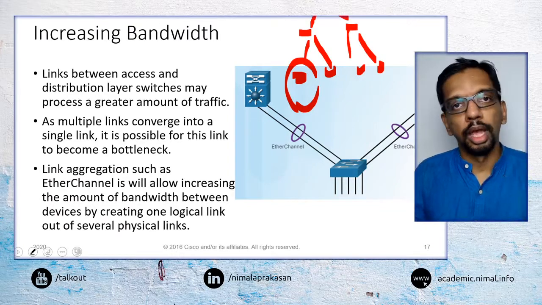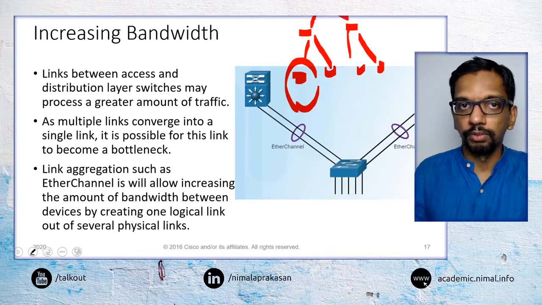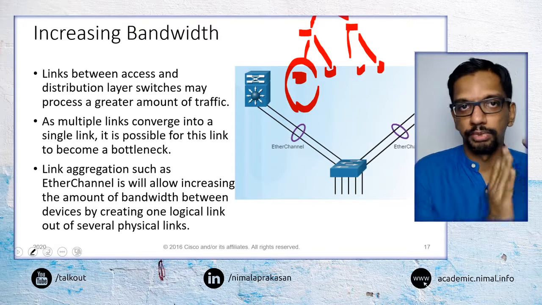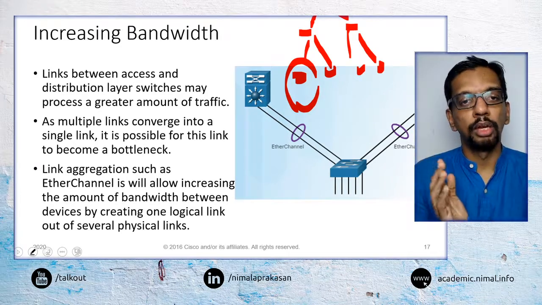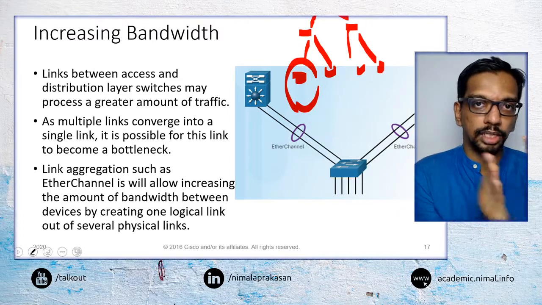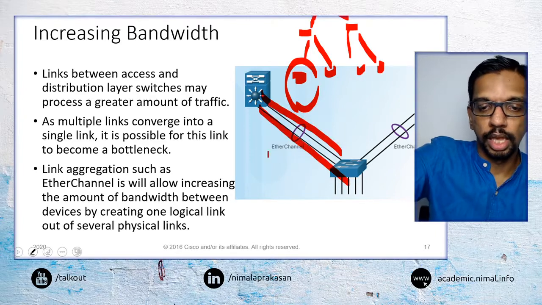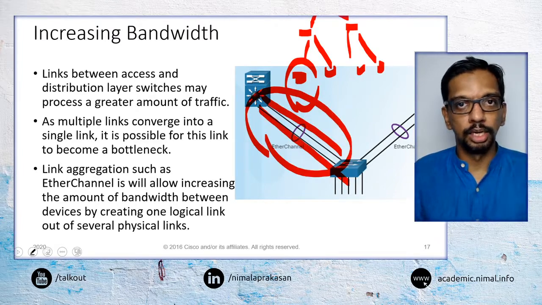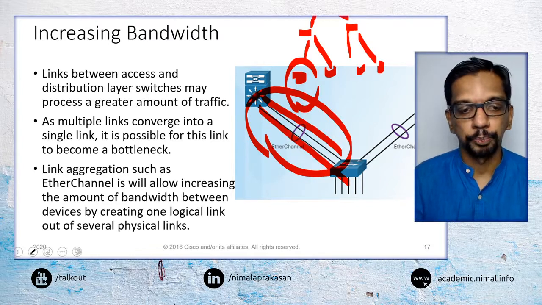To increase the bandwidth available, if it is physically limited by the link that we have, we can do link aggregation. We can connect two links and make them function like a single link, effectively doubling the bandwidth that we have.